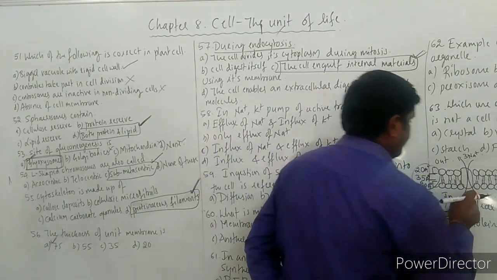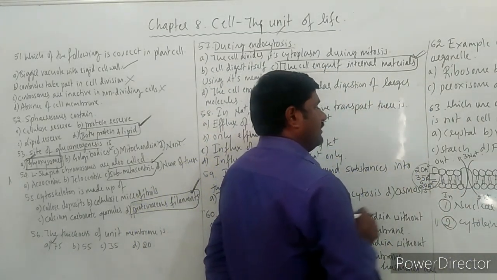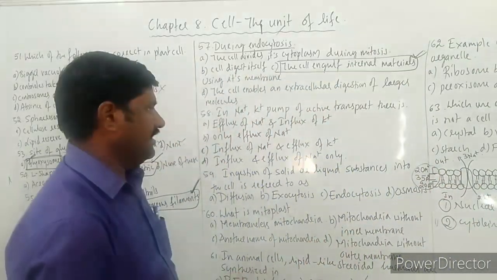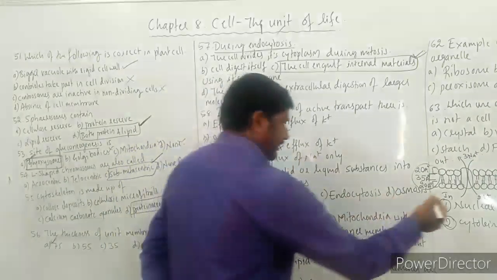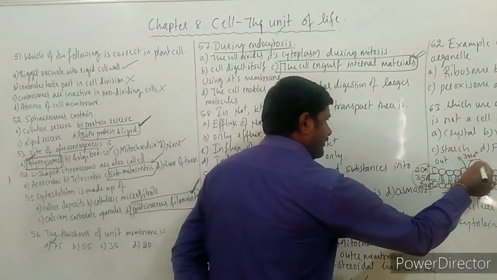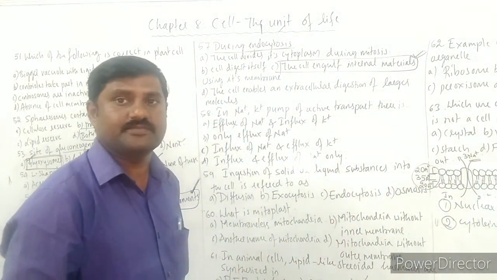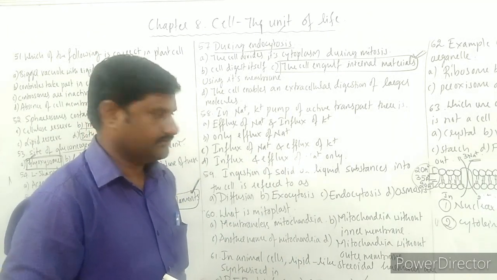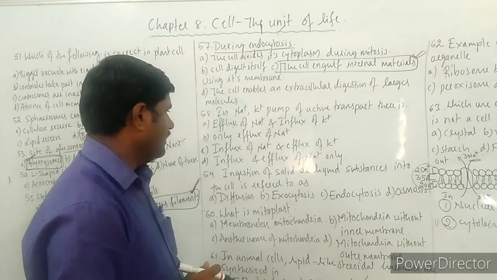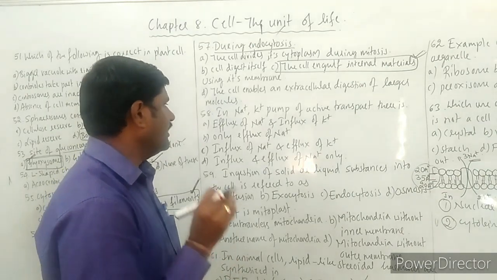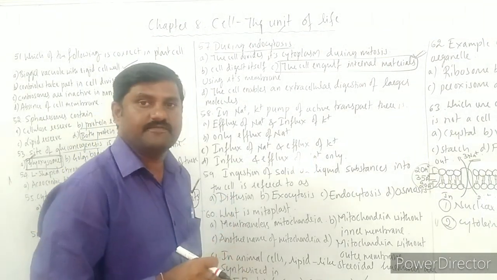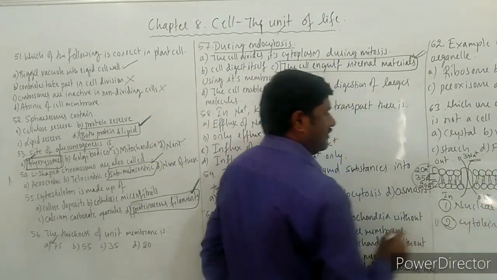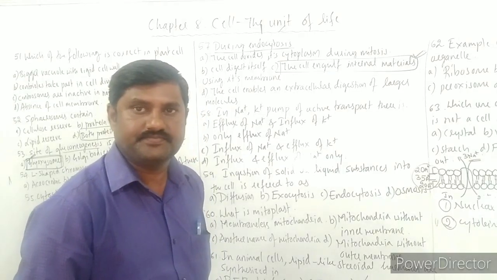So whenever this antiport system occurs, there is the efflux of the sodium ions. Efflux means ejection of the ions out of the cell. And next is influx of the potassium ions. Influx means pushing inside the cell.